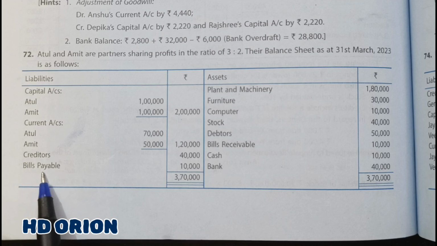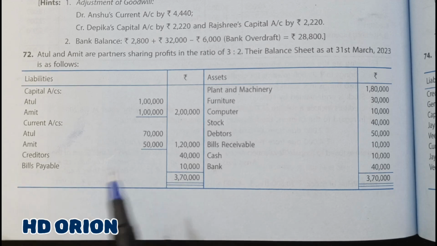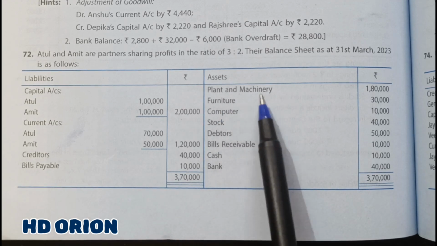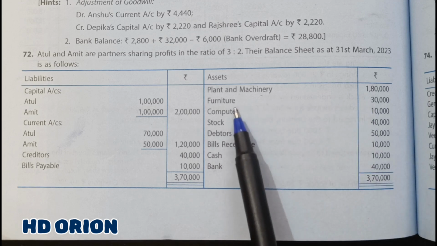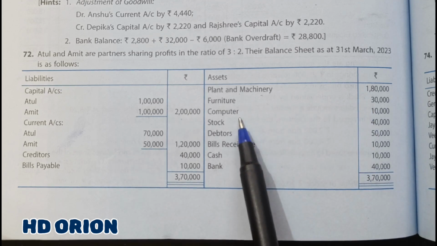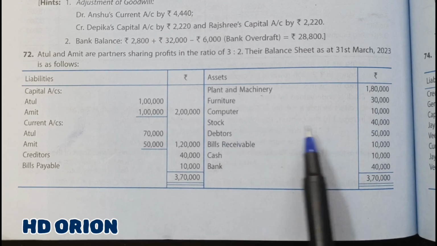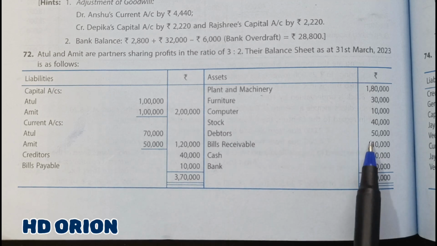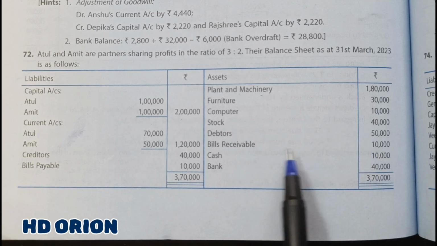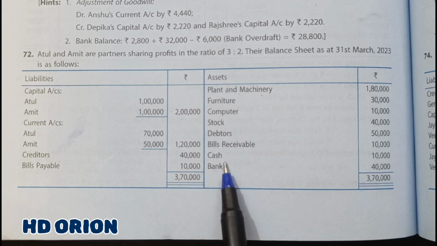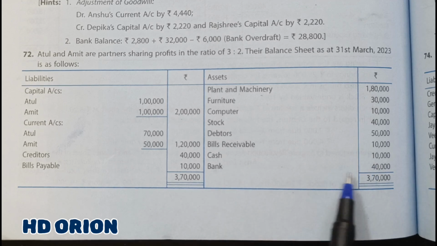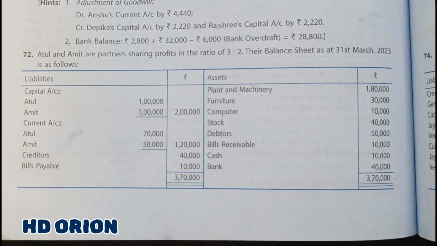Creditors rupees 40,000 and bills payable rupees 10,000. To the asset side, we have plant and machinery rupees 1,80,000, furniture rupees 30,000, computer rupees 10,000, stock rupees 40,000, debtors rupees 50,000, bills receivable rupees 10,000, cash rupees 10,000, bank rupees 40,000. Grand total here is rupees 3,70,000.